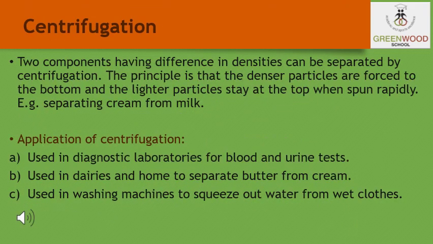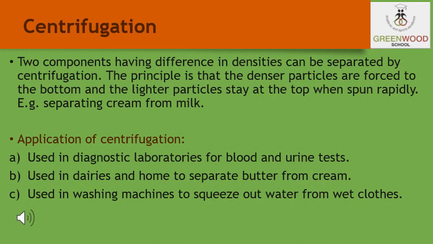Students, nowadays we get full cream, toned and double toned varieties of milk packed in poly packs or tetra packs in the market. These varieties of milk contain different amounts of fat. So do you know how we can separate this fat from the milk?